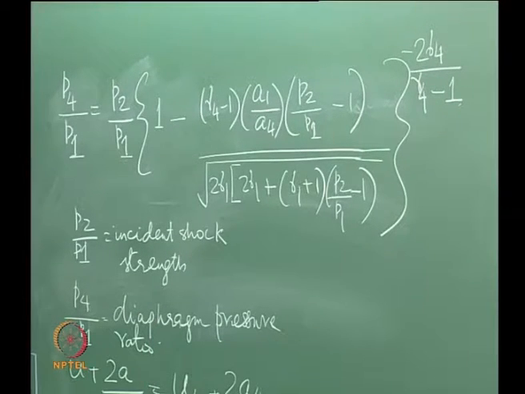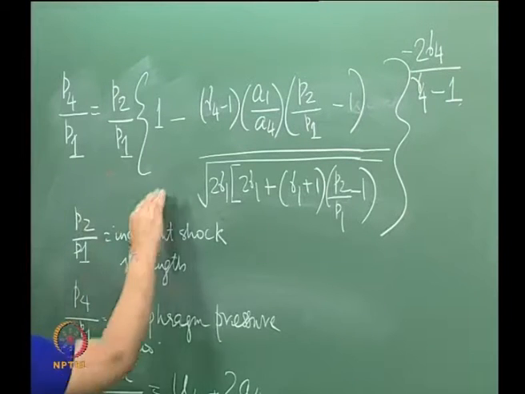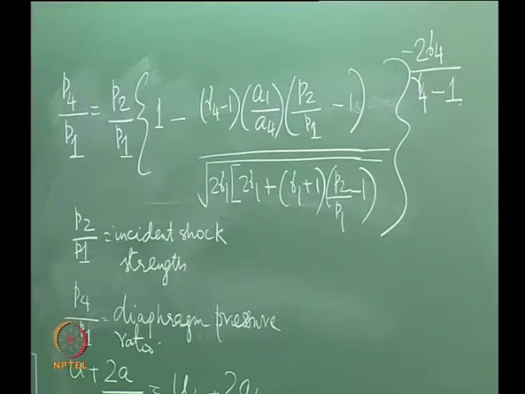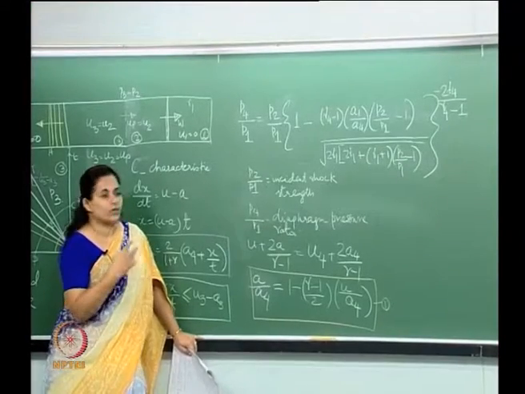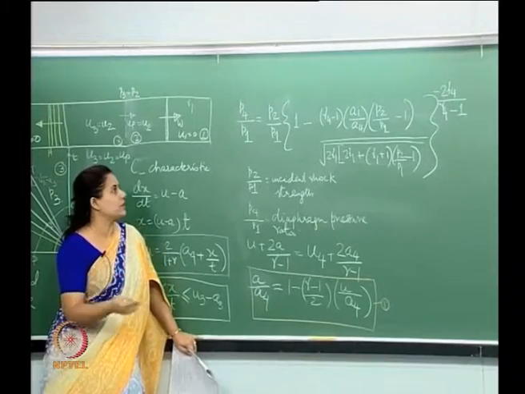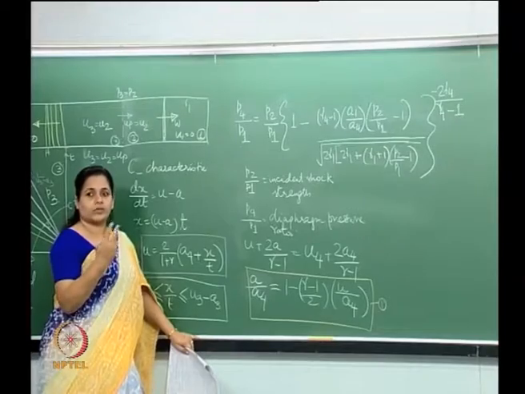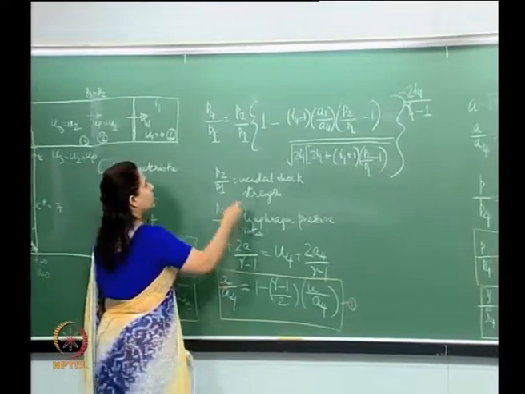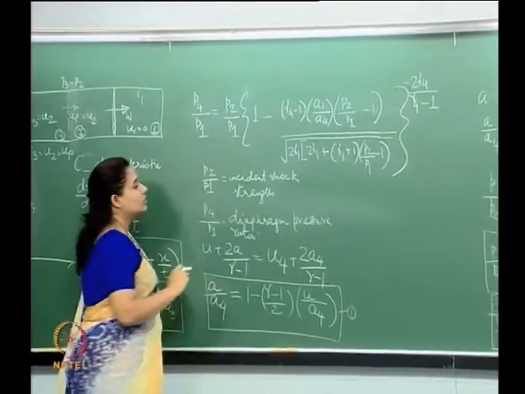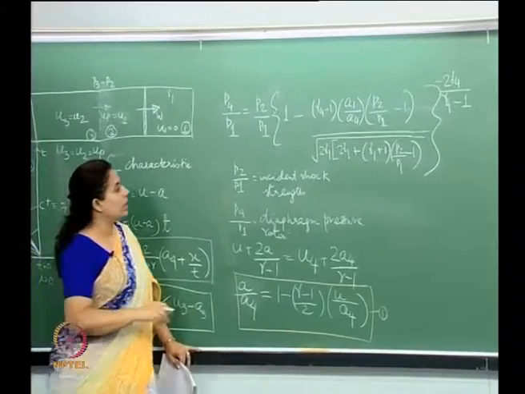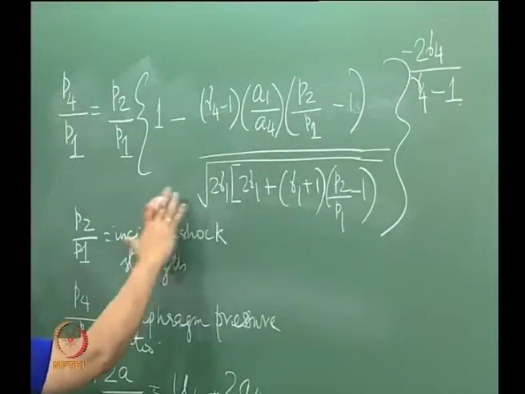Now the point here is, if you look at this particular expression, for a given diaphragm pressure and given ratios of specific heats of the two different gases in the two sections, which are 4 and 1, you can actually calculate the strength of the incident shock wave directly from this expression.